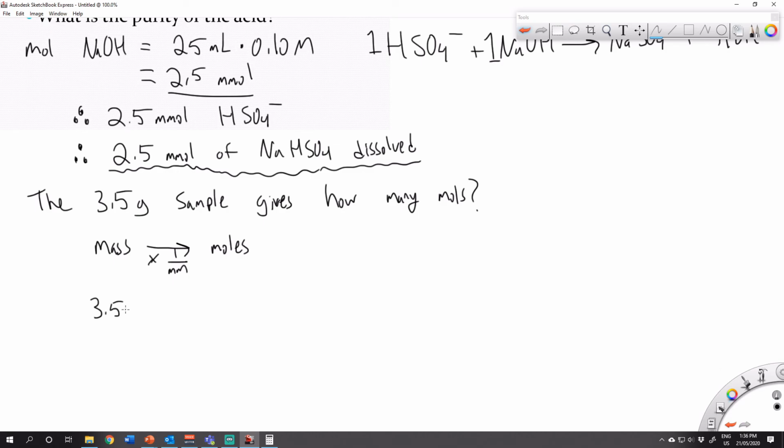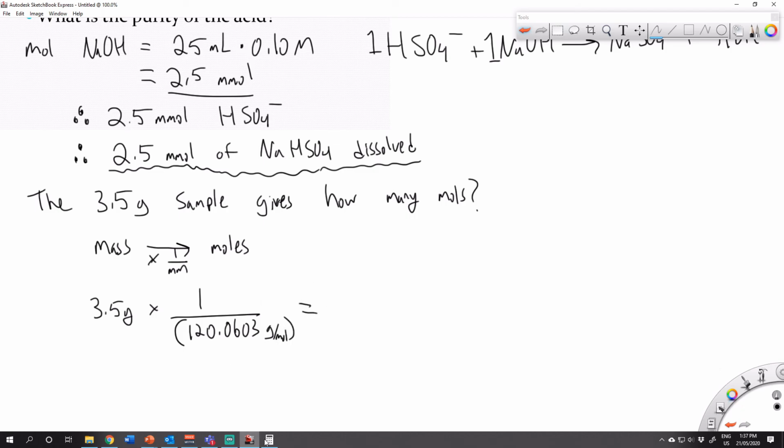Looking up the molar mass of sodium bisulfate, it is 120.0603 grams per mole.